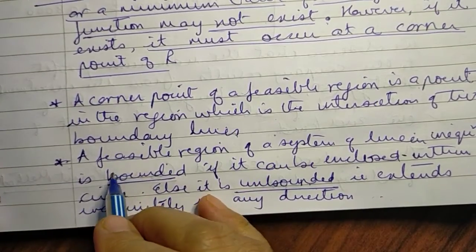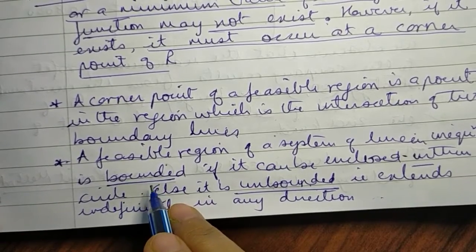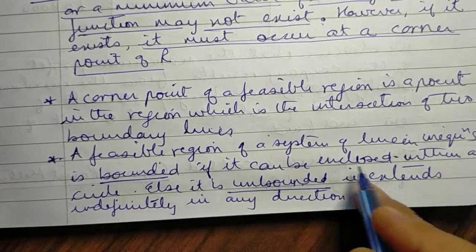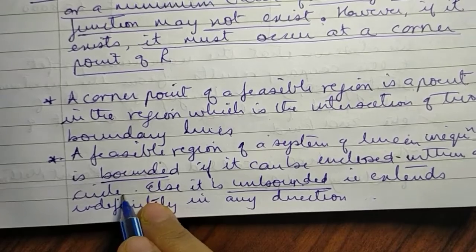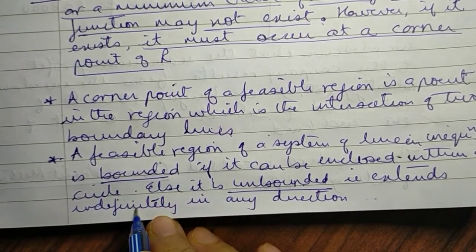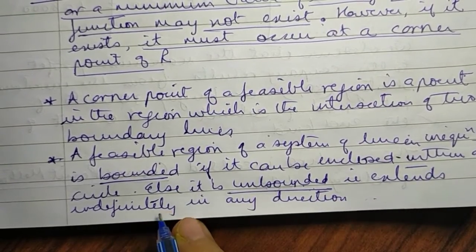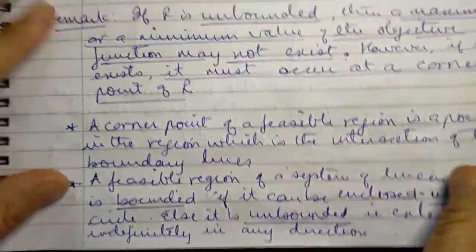A feasible region of a system of linear inequations is said to be bounded if it can be enclosed within a circle, that is if it's a closed area bounded from all sides. Else it is unbounded, that is it can extend indefinitely in any direction.